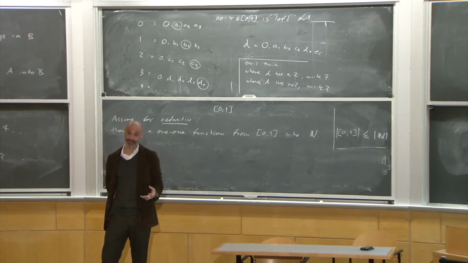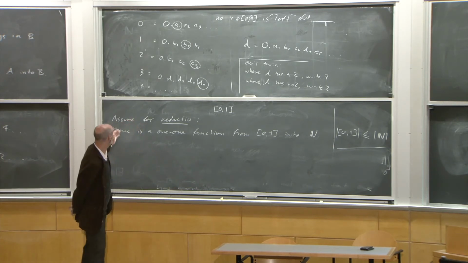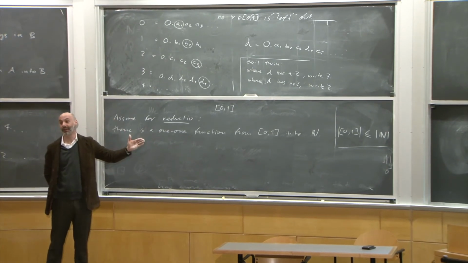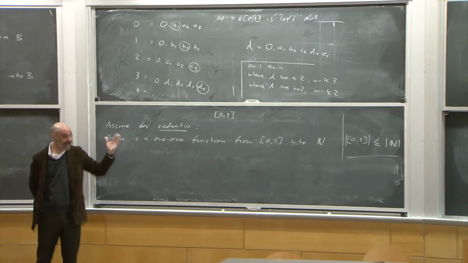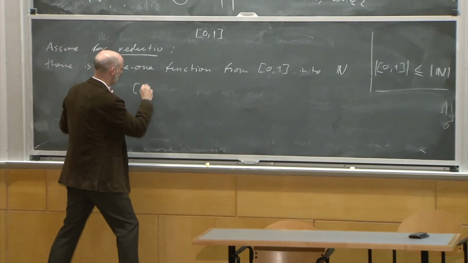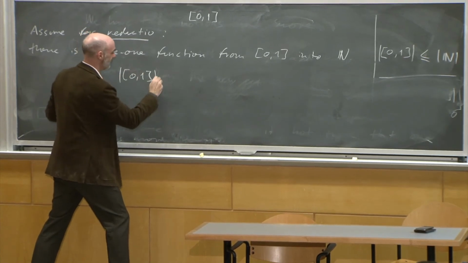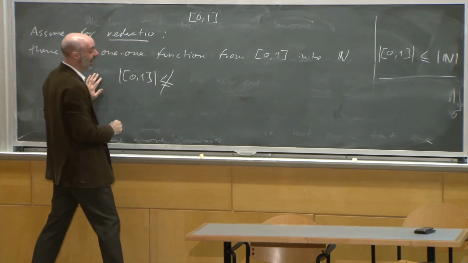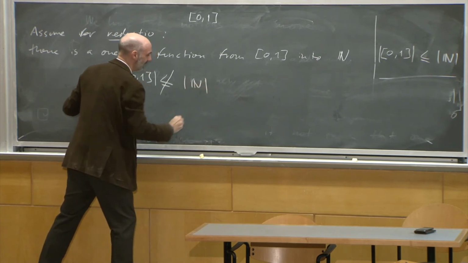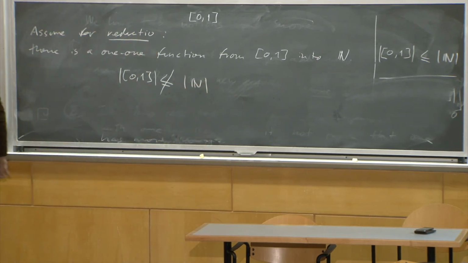So we've proved a contradiction. So if our assumption for reductio entails a contradiction, our assumption for reductio cannot be correct. So we have shown that the real numbers in 0, 1 are not smaller in number than the natural numbers.